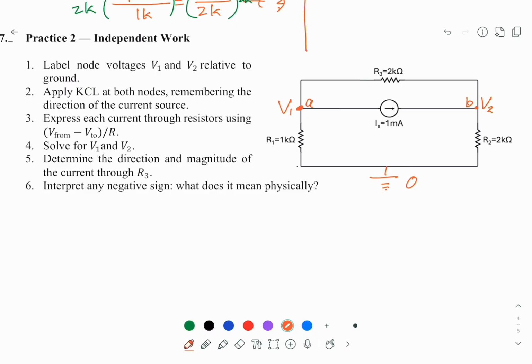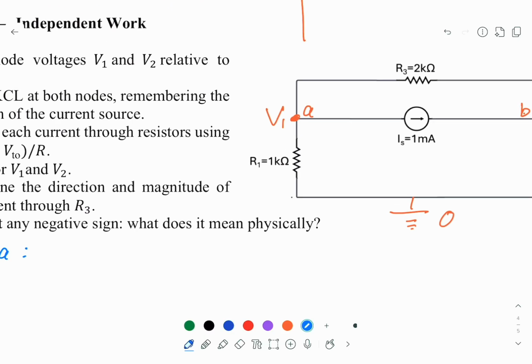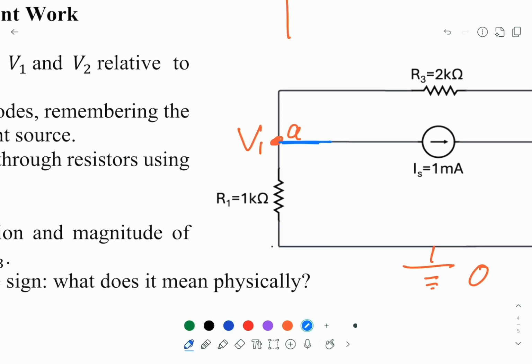Okay, now let's put down the KCL at A. So for the KCL at A, there will be different currents. So this is our IS, and we can assume we have I3 flowing here.